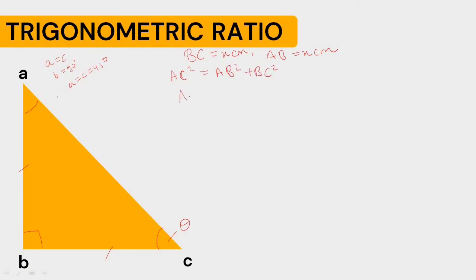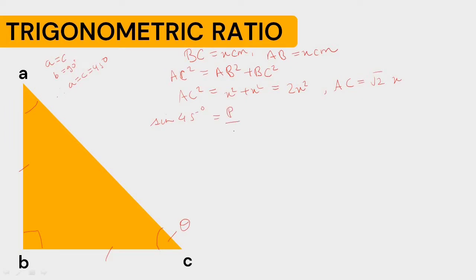We have to calculate that. X square plus x square is equal to 2x square. So AC is equal to root 2 x. Now using these values, we can find sine theta, that is sine 45, because theta here is 45.